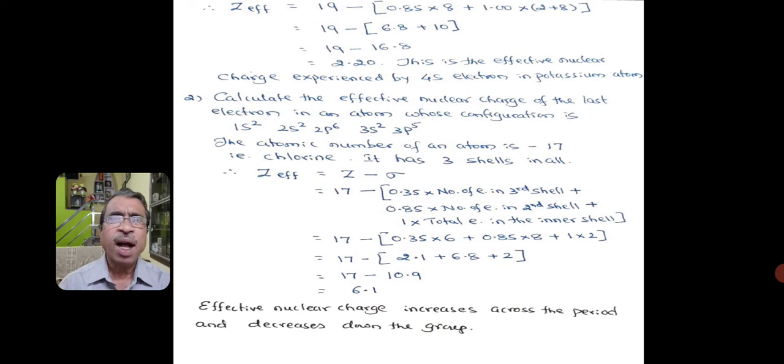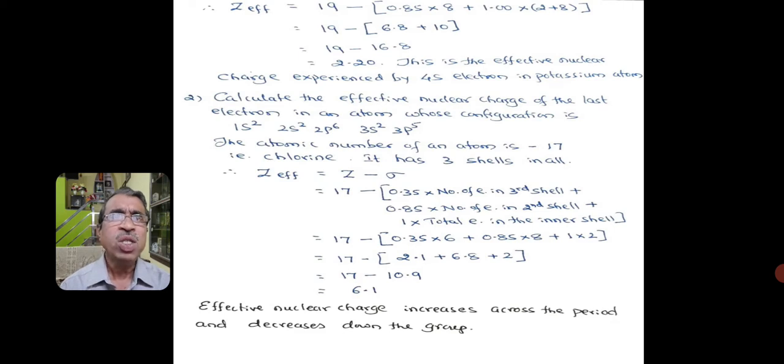Let us take another problem. Calculate the effective nuclear charge of the last electron in an atom whose configuration is 1s2, 2s2, 2p6, 3s2, 3p5. So the electronic configuration shows that the atom contains 17 electrons. Therefore, this atom is chlorine.